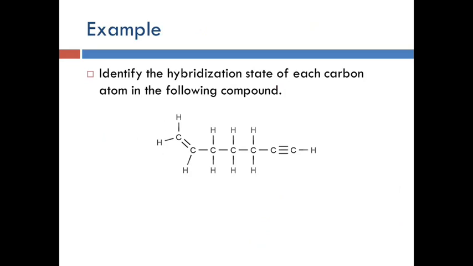So let's look at this compound that we're interested in and identify the hybridization state of ideally each carbon, but we're running out of time, so we're just going to look at those carbons that we're interested in because of our question that we're going to try to get back to. So what about this carbon? What's the hybridization on that guy?